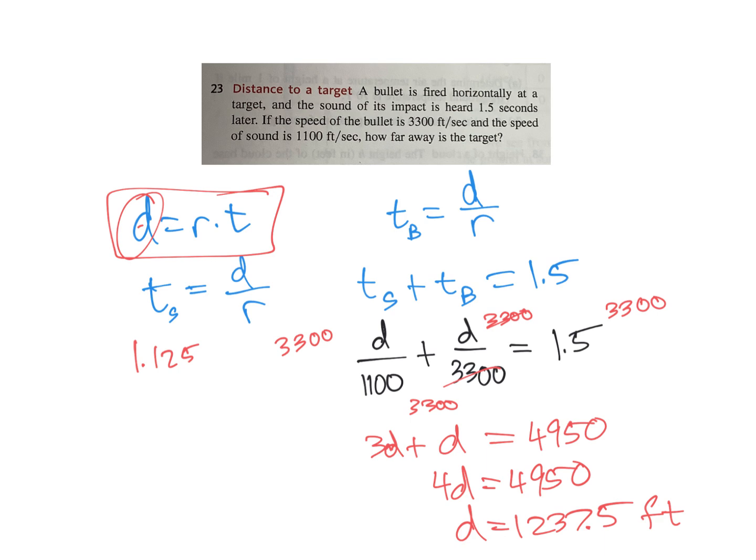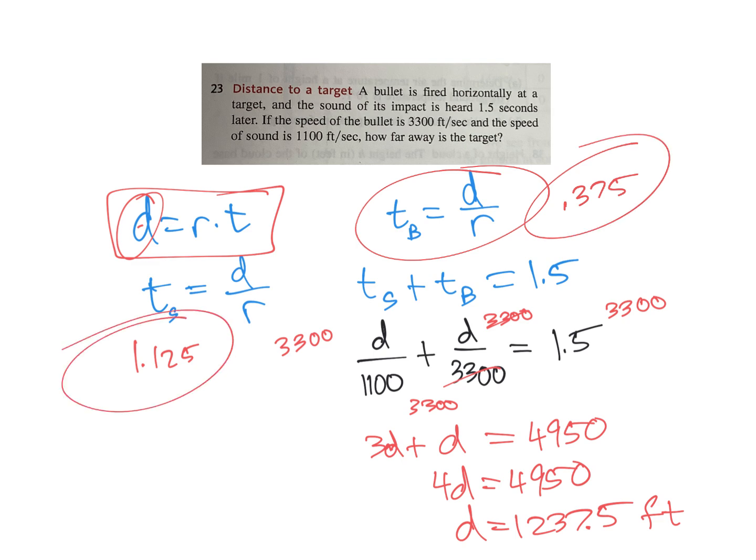And then, again, look at the bullet. The distance is the same, 1,237.5 divided by the rate of 3,300. That's 0.375. And if you add those two together, you get the 1.5. All right? So that's just showing you how all this works. All right, let's go do another one.